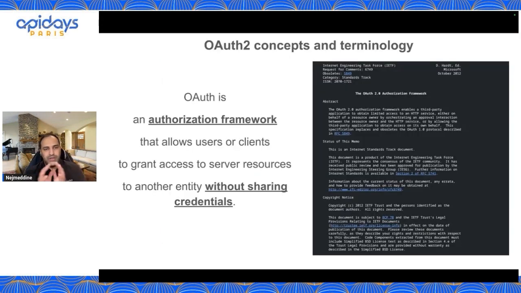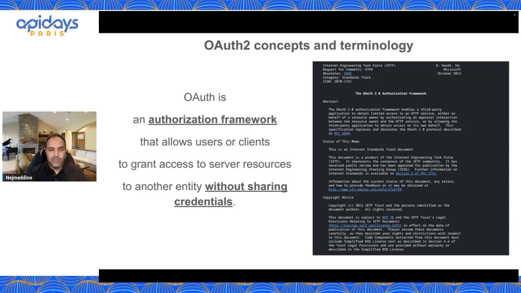First of all, as I said, I will demystify this and try to make the concept easy and simple. You need to know that OAuth is an authorization framework. It's not authentication. It's an authorization framework that allows users or clients to grant access to server resources to another entity without sharing credentials. This is the main topic.